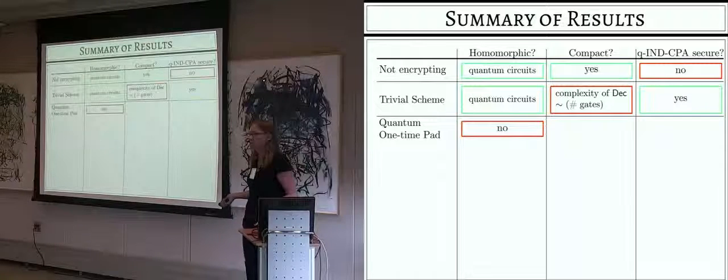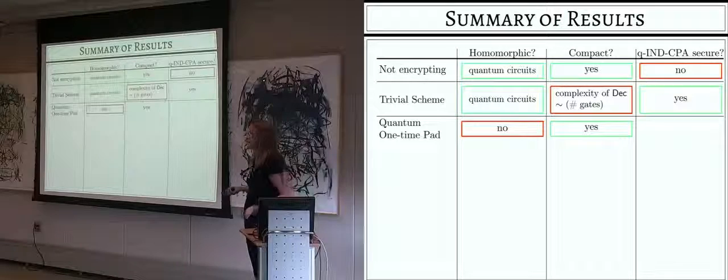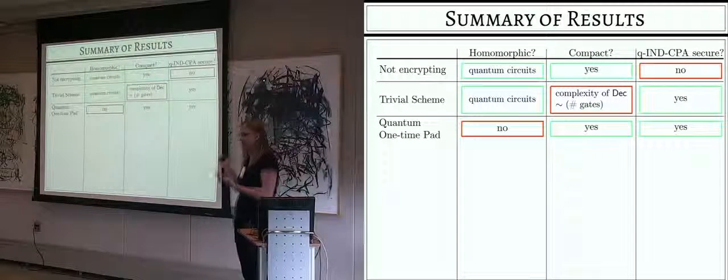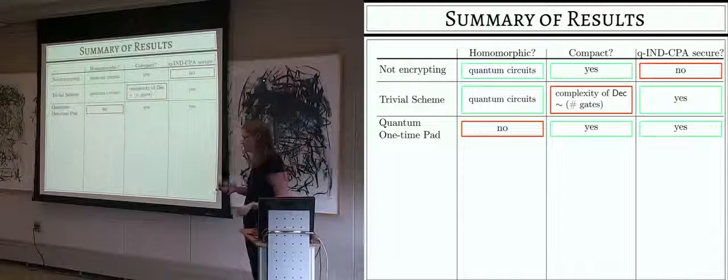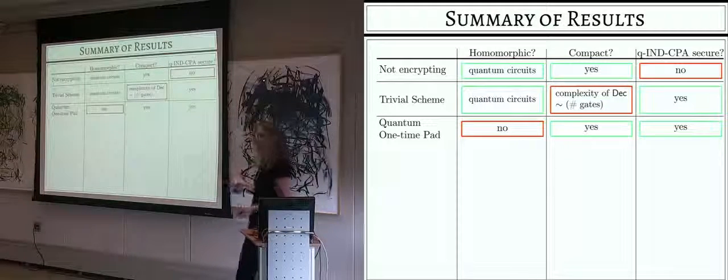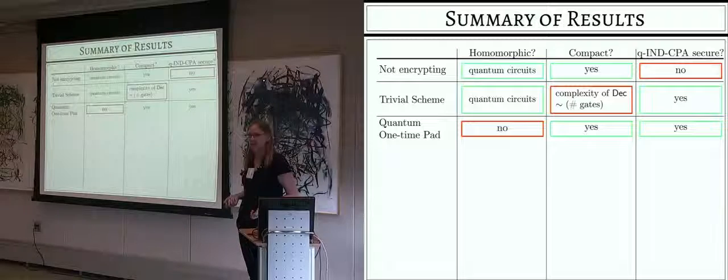This is not homomorphic, but it's therefore trivially compact, since you can't evaluate anything. And it's certainly computationally secure. So we can easily achieve any 2 of these 3 properties. The difficulty is achieving all 3 simultaneously.